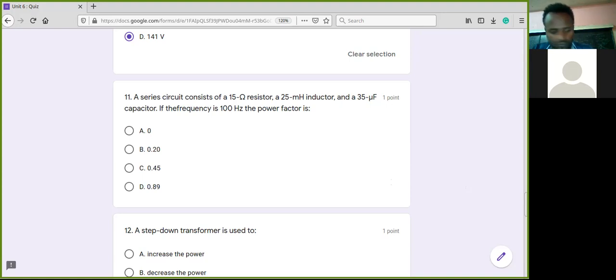Tan inverse I got 0.45. 0.45 is the power factor, the cos of that angle.